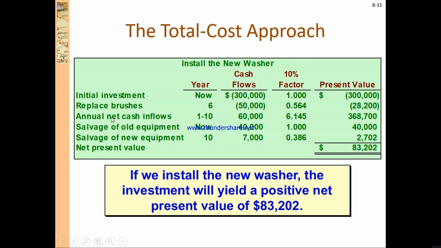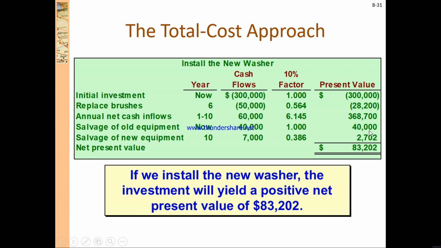Annual cash inflow for years 1 to 10: the cumulative present value factor at 10% is 6.145, and as the cash inflow is 60,000, the total figure will be $368,700.